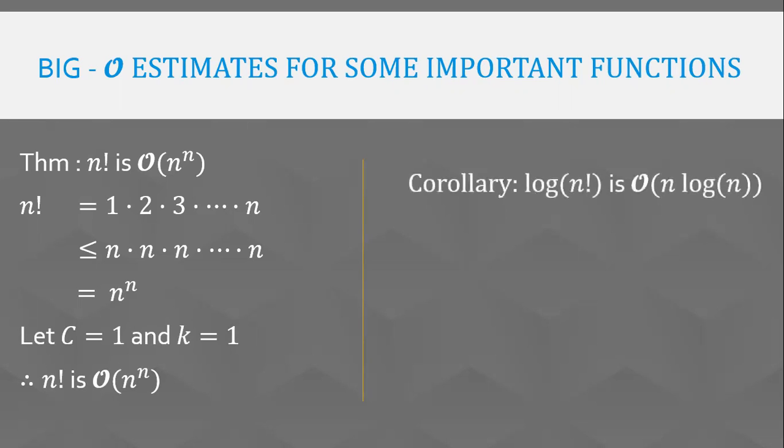We get our first quick corollary here. Log n factorial is big O n log n. Why is that? Well, let's keep one thing in mind. In this course, when we see log n, we assume base 2. So this actually reads as n log base 2 n.